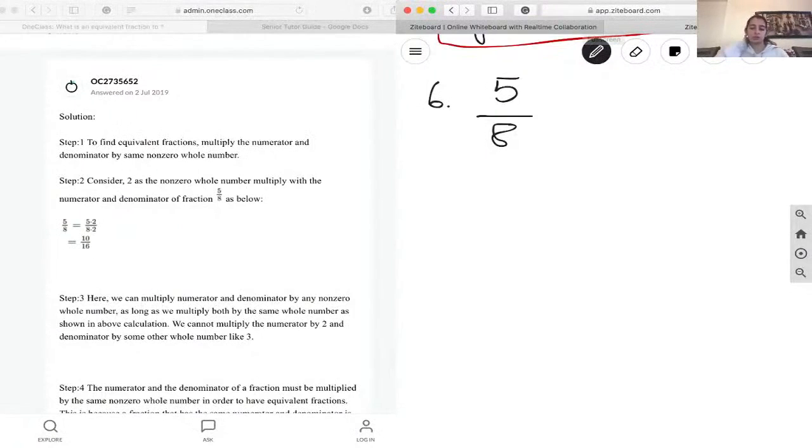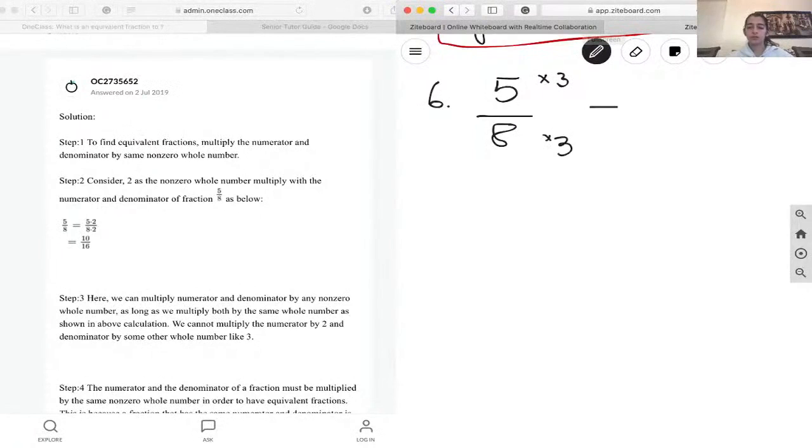Okay, one rule you have to remember is whatever you do to the numerator, you have to do to the denominator. So if you multiply the numerator by 2, you have to multiply the denominator by 2. And so over here, we can take another number, let's say 3. So we multiply the top by 3, and we also have to multiply the bottom by 3.